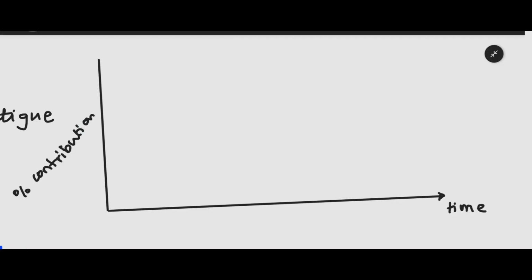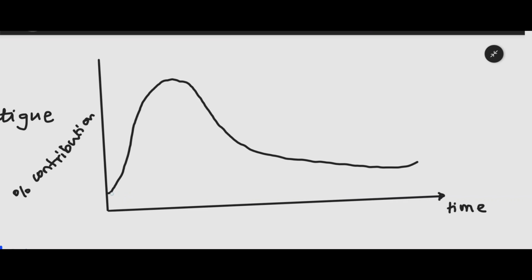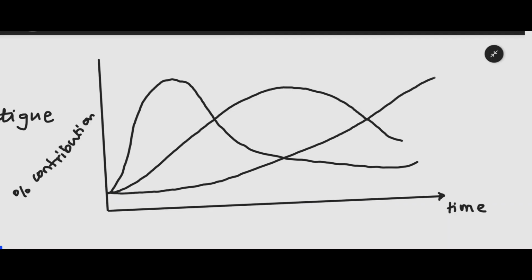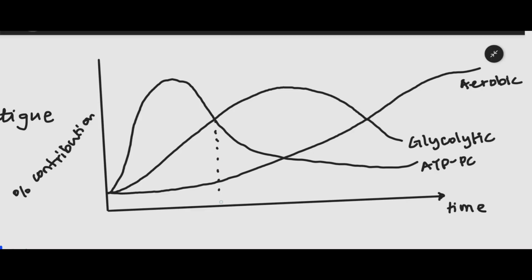And we can draw the ATP-PC system here like this, and then the glycolytic system here like this, and then the aerobic system here like this. So this is ATP-PC, glycolytic, and aerobic. And what this shows is at what time period these energy systems are predominant.